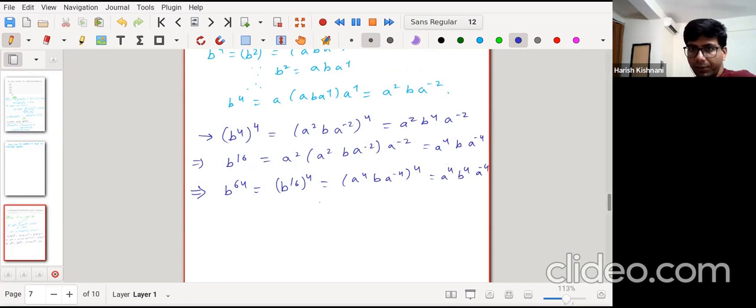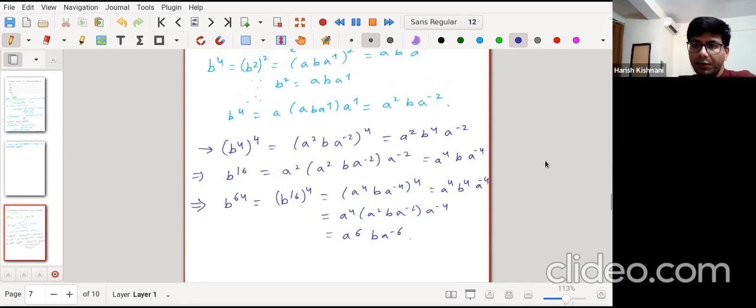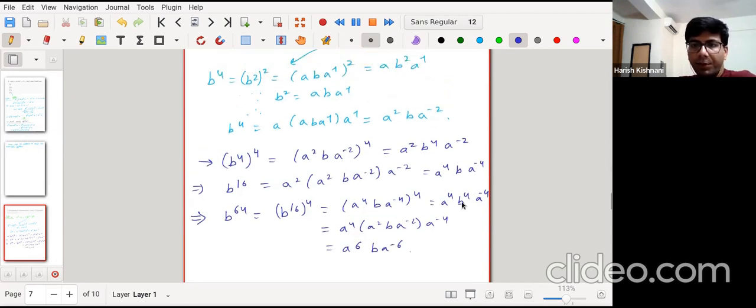Again by putting the value of b^4, we get a square b a minus 2 a minus 4, which is a^6 b a minus 6. See, if you have b^4, then your power will be increased by 2. If you have b square, then your power will be increased by 1.